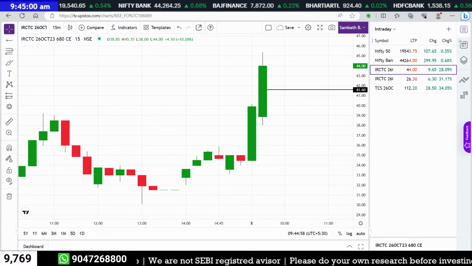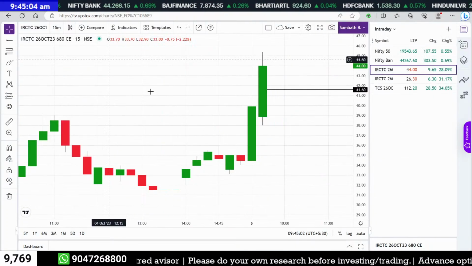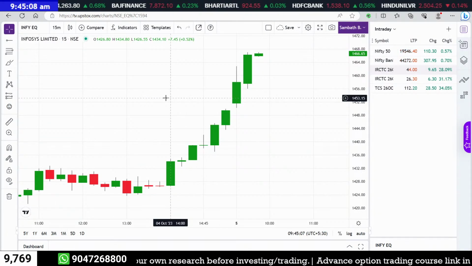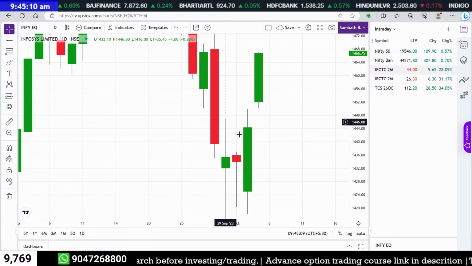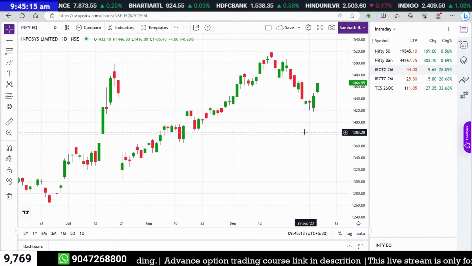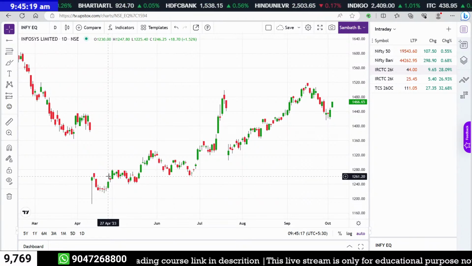If you have any questions and doubts, you can just ping me here in my chat box. Just keep on going ahead, and after the hammer candle, if you know that one point of the day forms a hammer, this is a trend reversal, 1261.